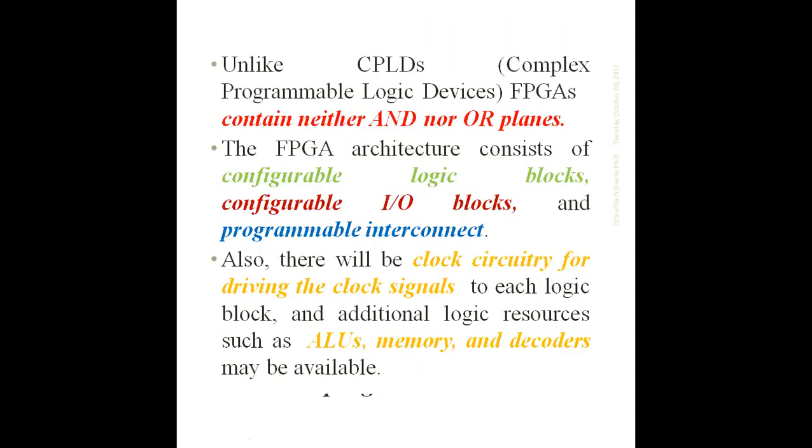FPGA. As in the CPLD, the entire thing purely contains either NAND and OR planes, but that is not the case in the FPGA architecture. FPGA architecture consists of three basic blocks. They are the configurable logic block, CLB, simply called the logic block, second the configurable IO block, and programmable interconnect.